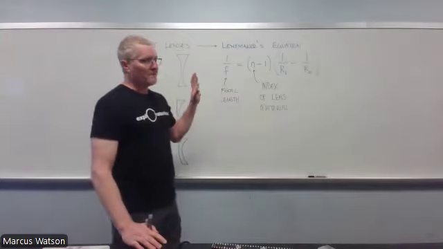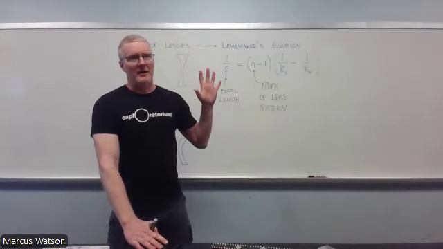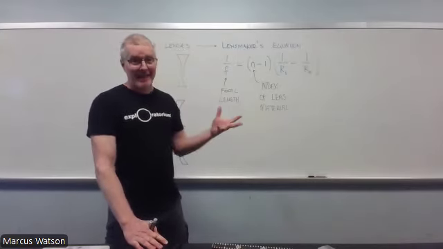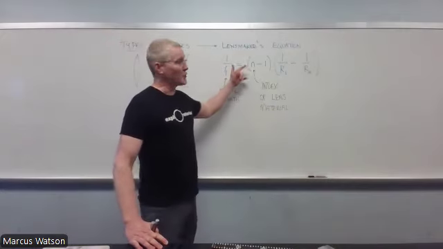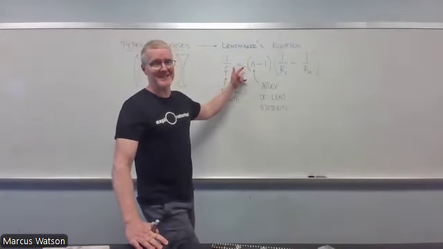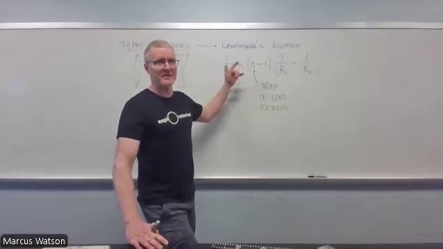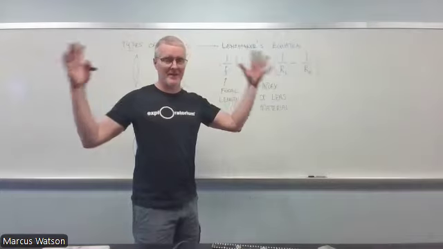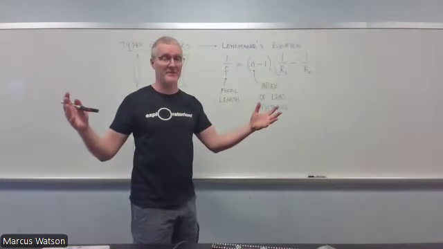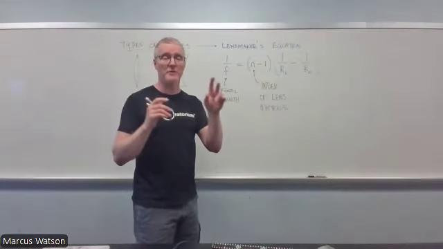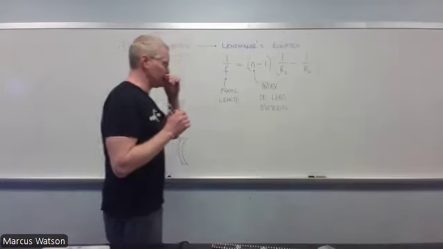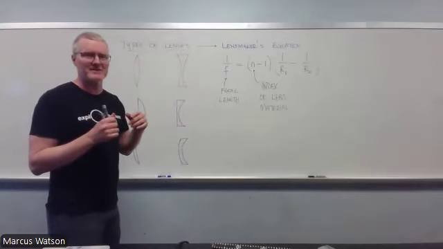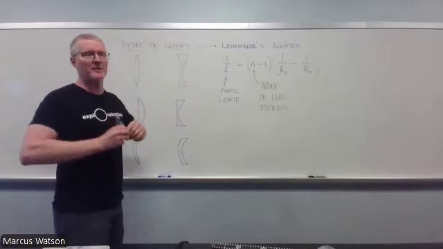Now, in reality, this is a ratio of the index of the material that the lens is made of divided by the index of the material that surrounds it. It's the ratio of those two indices, or indexes, as physics people sometimes like to say.